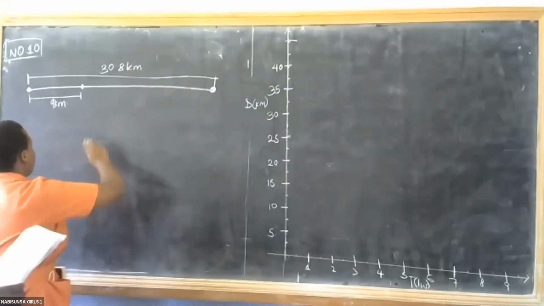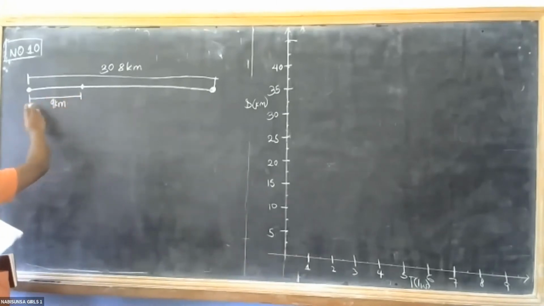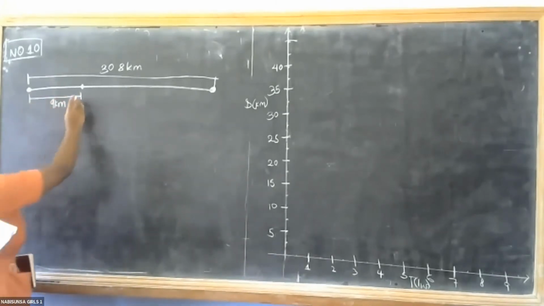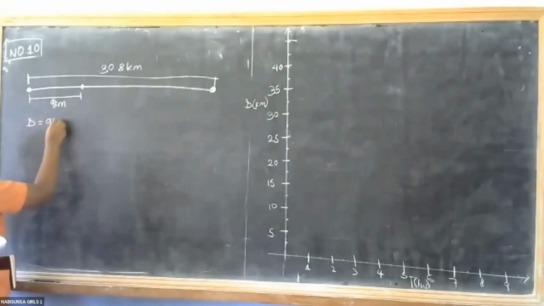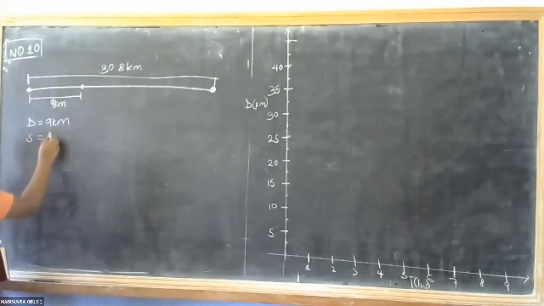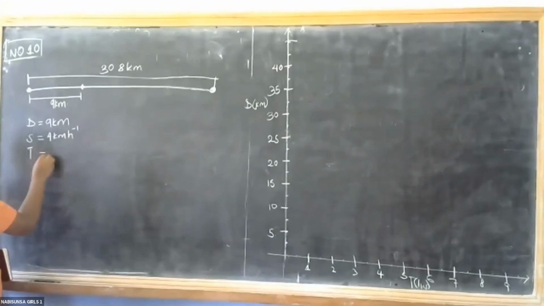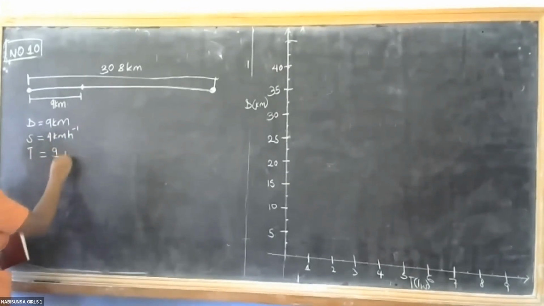So we are going to first find the time that Otim took to move the first distance. Our distance is 9 kilometers, the speed is 4 kilometers per hour. So that time is going to be distance over speed, which is 9 over 4 hours.